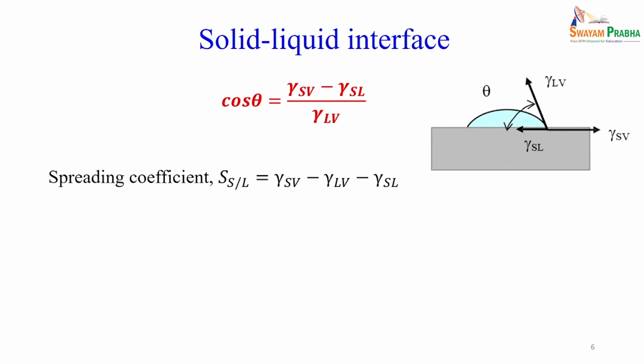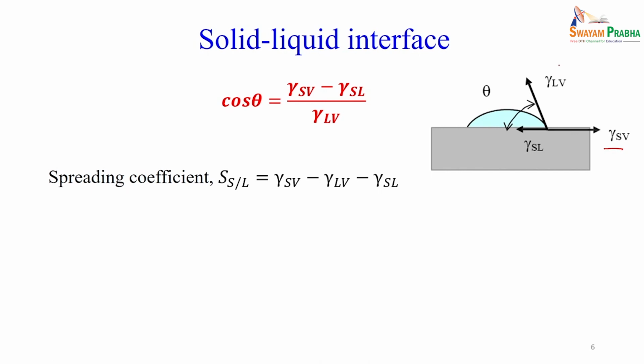Now, let us consider the case of the solid-liquid interface. So, this is the solid, we are going to have the solid-vapor surface tension, we are putting a drop of liquid, it will form a certain contact angle, and based on the contact angle we should be able to comment whether it is a hydrophilic or hydrophobic surface.